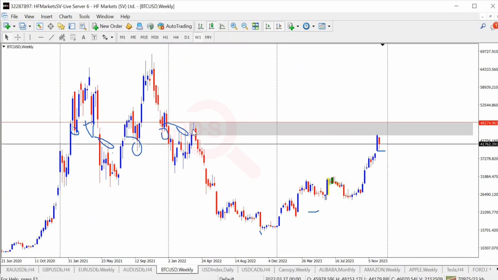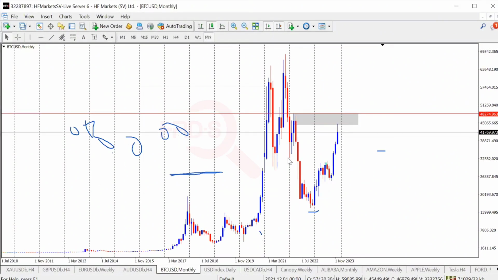An order block is simply the last blue candle before a ride that broke structure, right? This is a low, and this is the last blue candle in weekly that broke it. The same thing is applicable to monthly. Why I drew it: this is a low, this is a low, and this is the last blue candle that broke it.